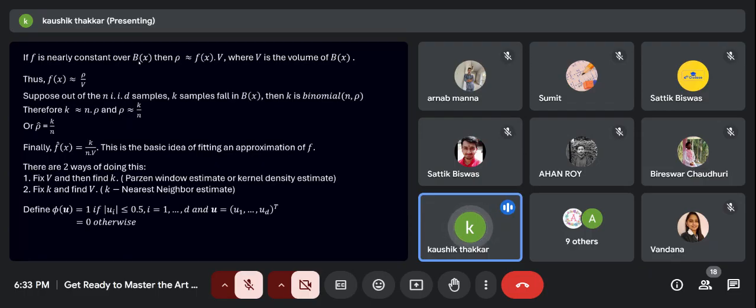So for doing this, let's define a function phi of u. Now we are looking at the first one, where we are fixing volume and then trying to find k, right? Now you have to understand this function a bit. So phi of u is basically an indicator function, if all the elements of that vector are less than or equal to 0.5, right?